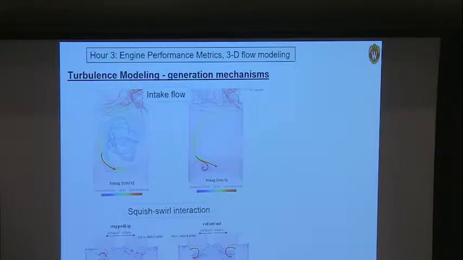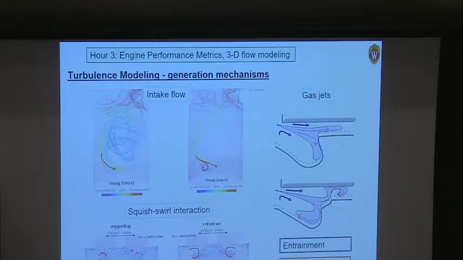During the compression stroke, you'll have gases that are pushed from above the piston into the piston bowl, generating flow structures that in turn generate turbulence. And depending on the design of your piston, this can be quite different. We inject fuel into a combustion chamber.